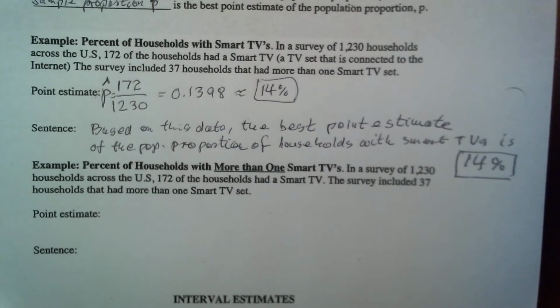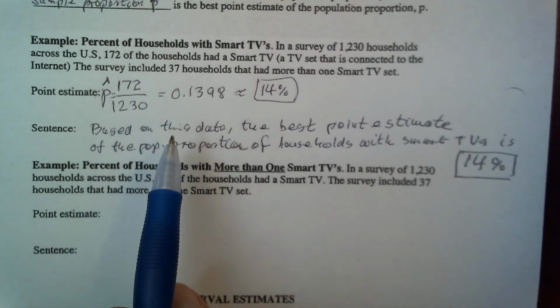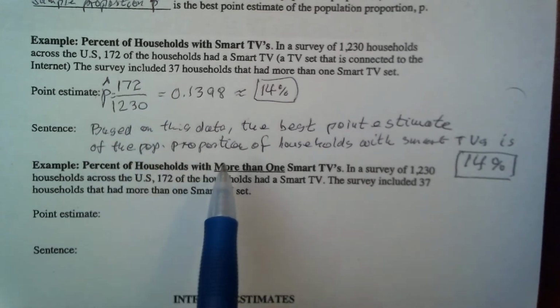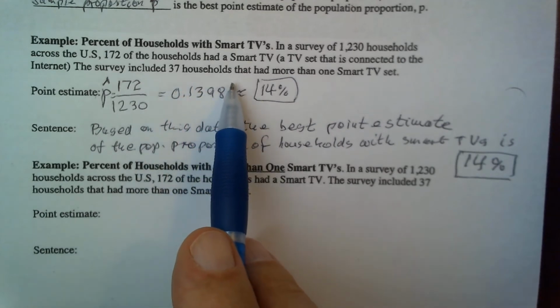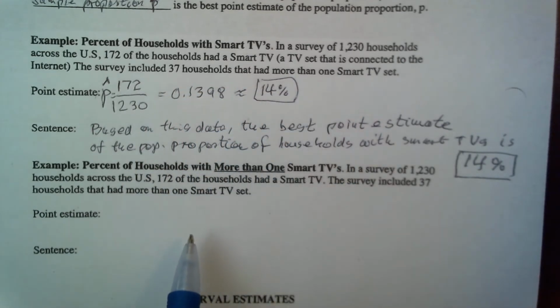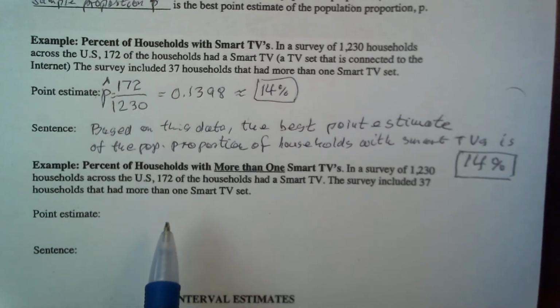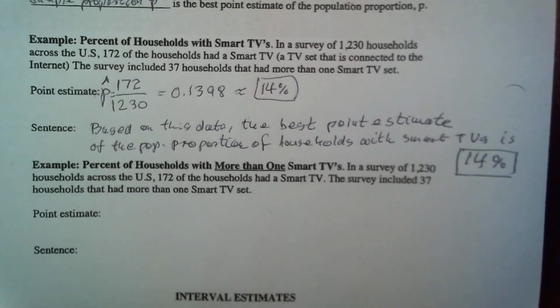In the example statement up here, we are also told that there are 37 households that had more than one smart TV. So if we want to know the best point estimate for the percentage of households that have more than one TV set, then we use a point estimate.